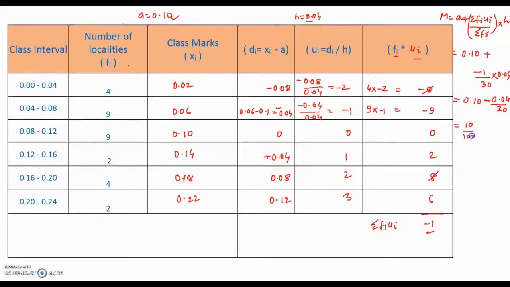10 upon 100 minus, this is just to show you how you can calculate it faster. So you can write it like this: 4 upon 3 divided by 1000, right? There are 2 zeros here, so 2 zeros will come down, and there is 1 zero with 30. So you'll write 3 zeros here. Now it is easier to simplify it like this: 0.1 minus 4 by 3 is 1.333. You know that, right?